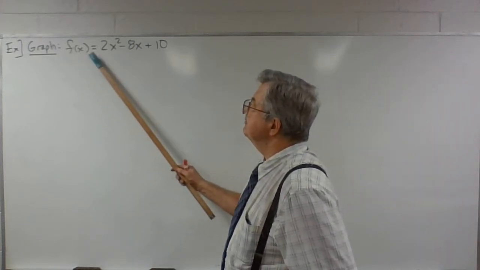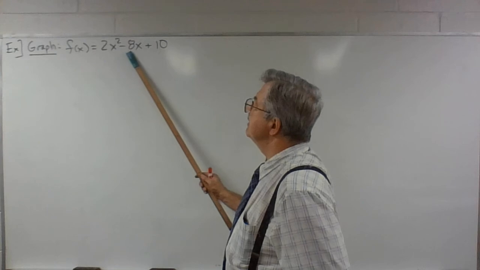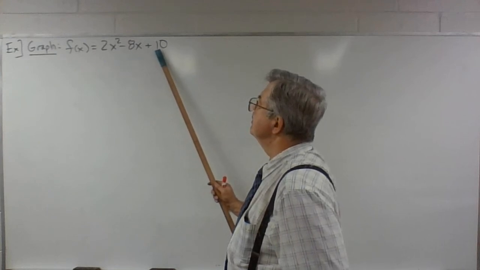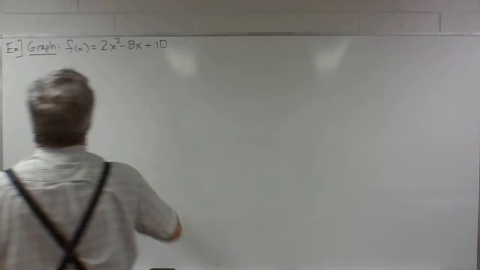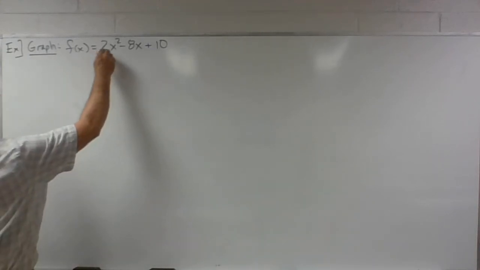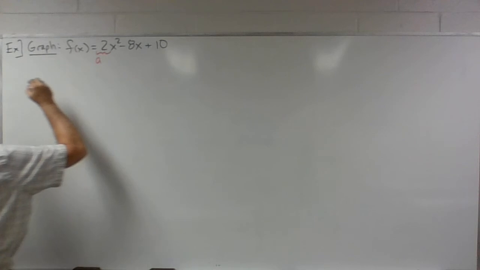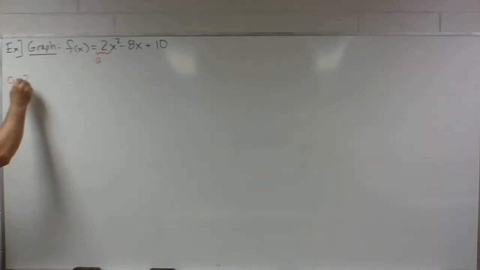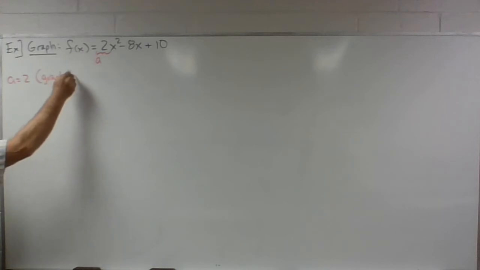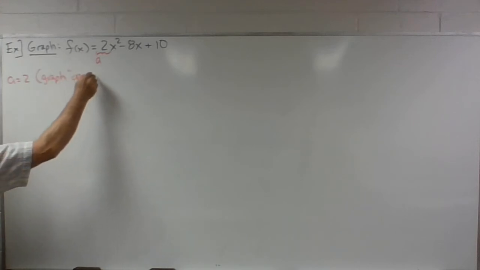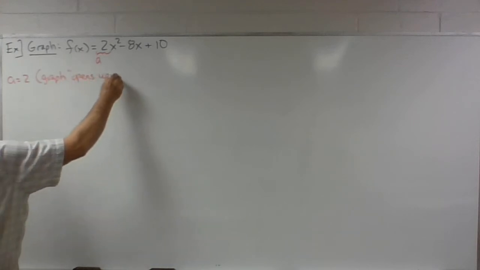Graph f of x equals 2x squared minus 8x plus 10. This thing right here is our A. A equals 2. So the graph opens upward.